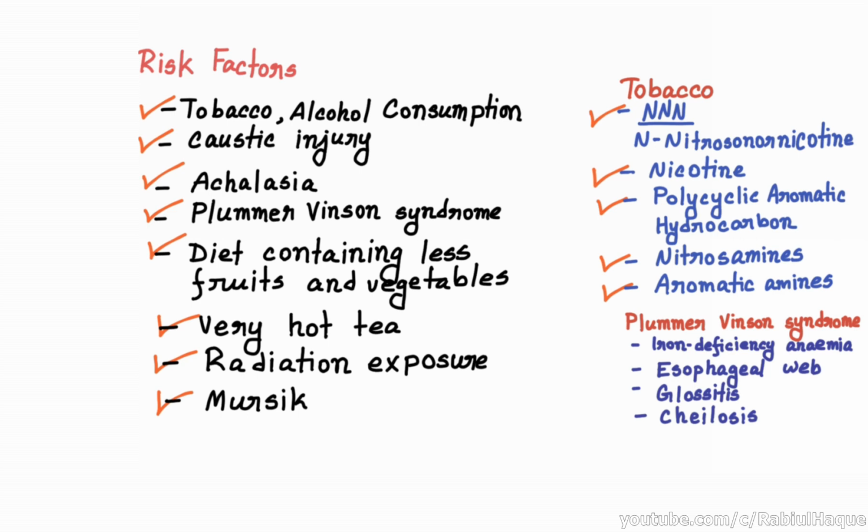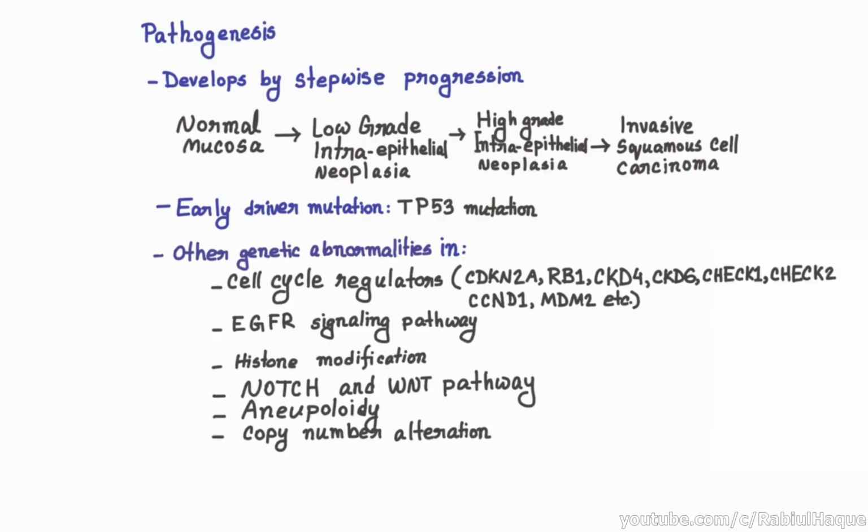So now that we have talked about epidemiology, particularly we have talked about incidence and risk factors of esophageal squamous cell carcinoma, now let's move on and talk about its pathogenesis, how this cancer is developing. Now always remember, esophageal squamous cell carcinoma develops by stepwise progression.